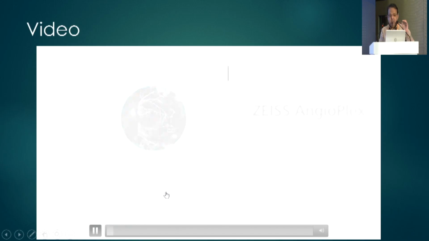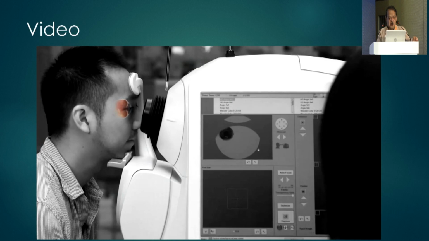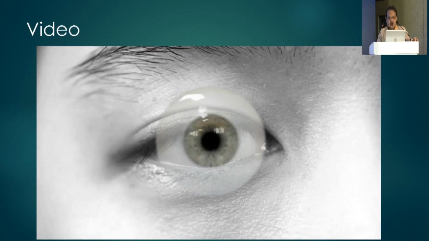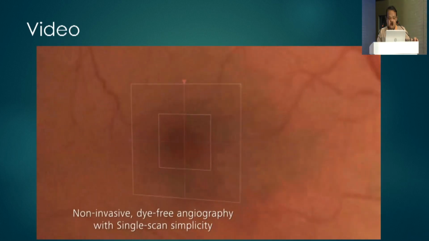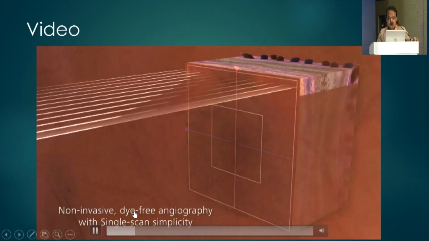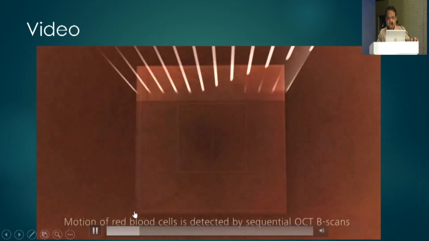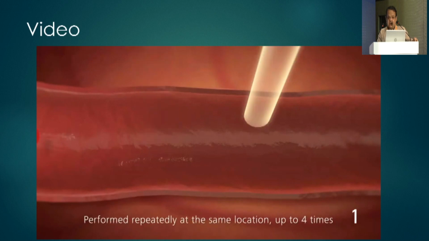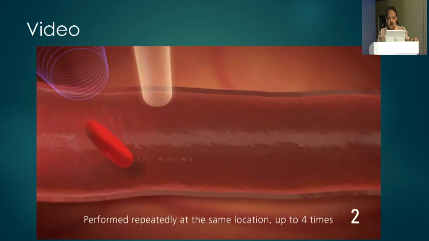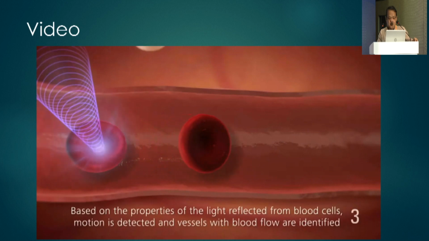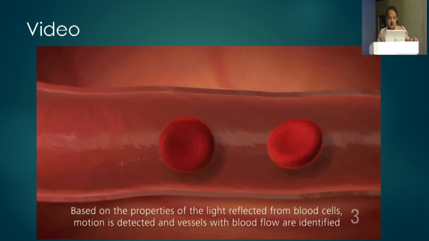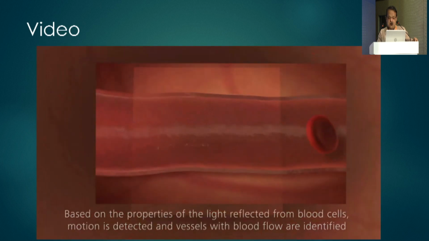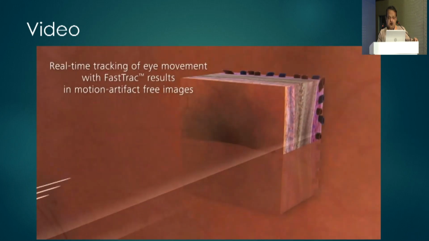This is a small video showing how OCT angio is done. Since I have a Zeiss Angioplex 6000, it's non-invasive, dye-free, with a single scan. Motion of red blood cells is detected by sequential OCTs. Based on the properties of light reflected from red blood cells, motion is detected and vessels with blood flow are detected.